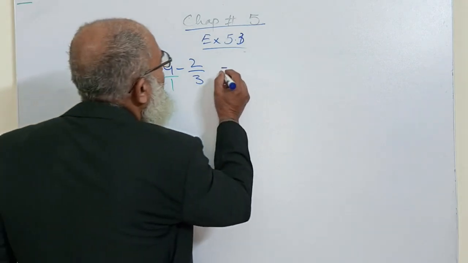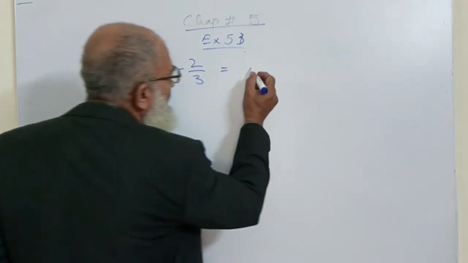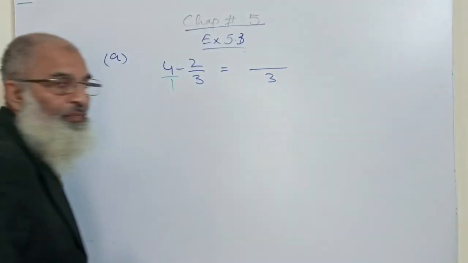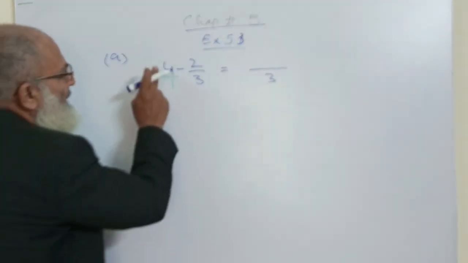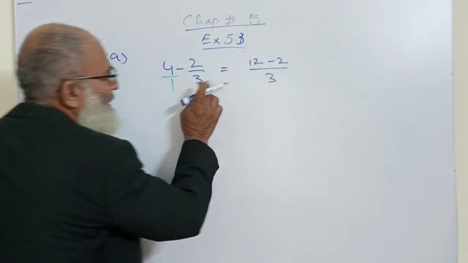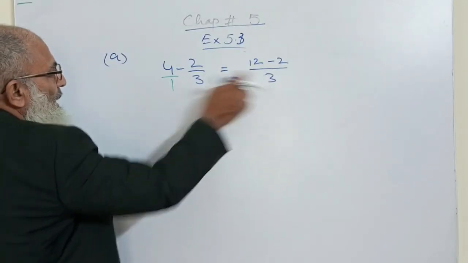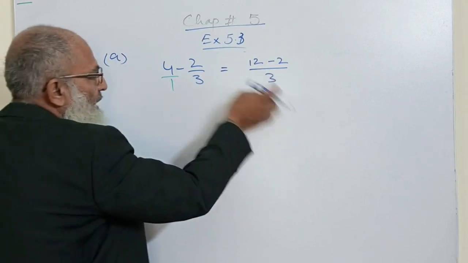What will we do? LCM 3. 1 3 times is 3 and 3 4 times is 12, minus 2. 3 1 times is 3, and 1 2 times is 2.